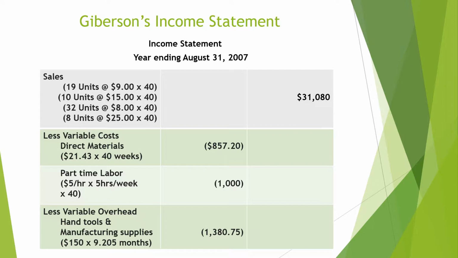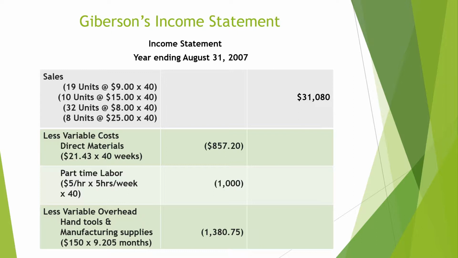So we would take 19 units at $9, 10 units at $15, 32 units at $8, and 8 units at $25, and multiply that times 40 weeks. This will give us a value of $31,080. All the costs will be broken down to variable or fixed costs.